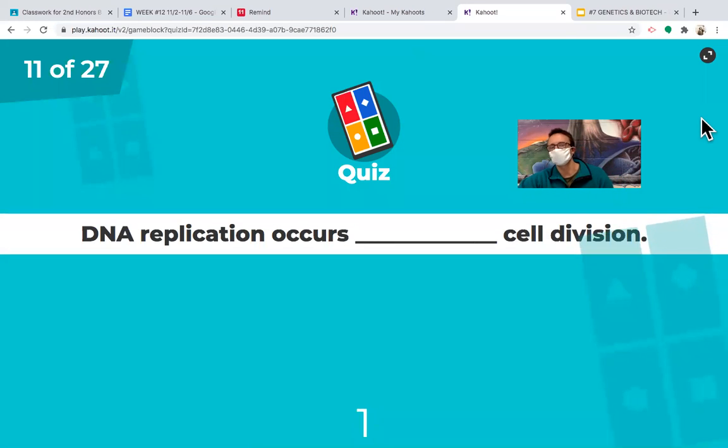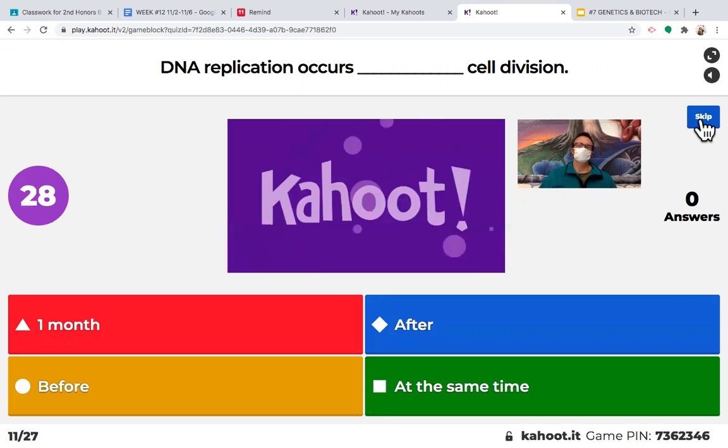DNA replication occurs blank cell division. So when does DNA replication occur? Well, it happens during the S phase of interphase. And if you remember our order of operations, not mathematics, but biology, we remember that interphase happens when?